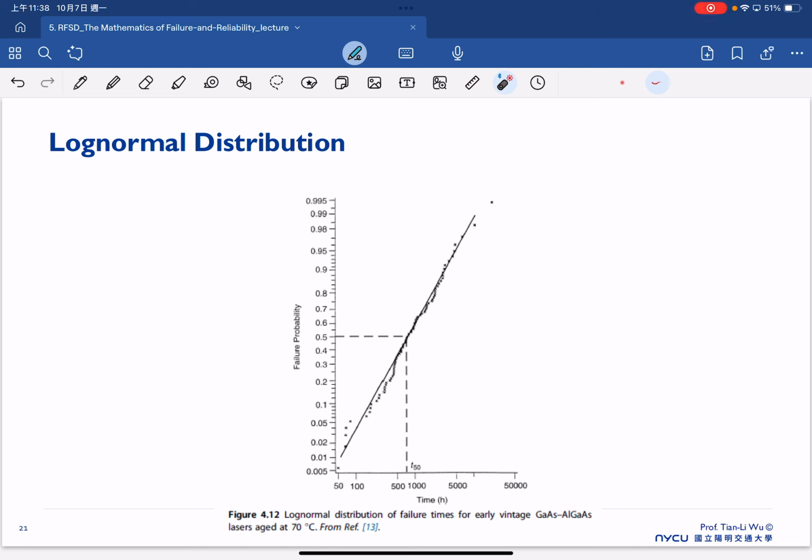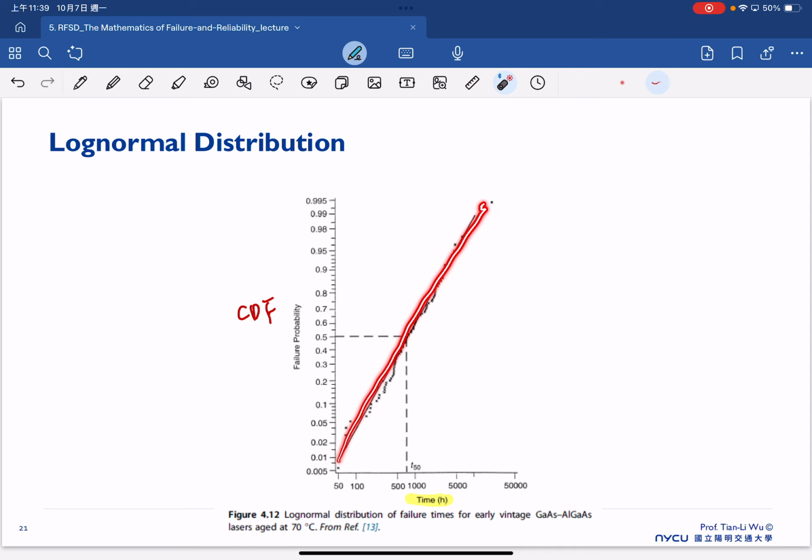So this is a failure probability, a cumulative failure probability, equal to the CDF term we have already mentioned, and the x-axis is time. Basically, all these dots are the experimental data, and this straight line is the model based on the log normal distribution.